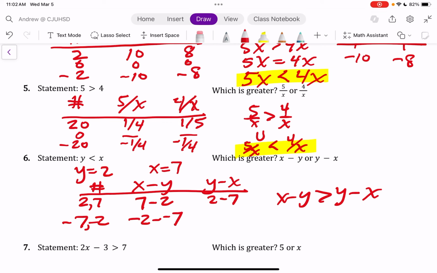Well, those two negatives would make a positive, and that's positive 5. And then if I did, let's see, y minus x, that would be negative 7 minus negative 2. That would be negative 5. So still, x minus y is greater than y minus x.